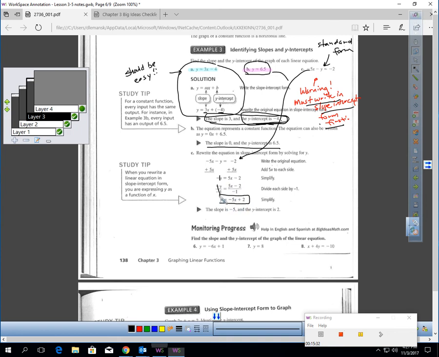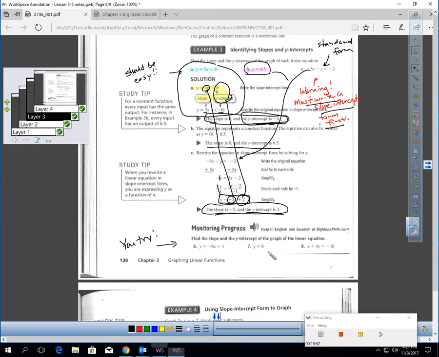There is an equation that is in that form. Okay, so can you see negative 5 is m. Negative 5 is the slope, and the y-intercept is a 2. So there's my slope and y-intercept. I would like you to quickly try these three.